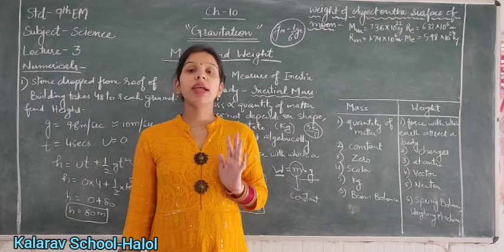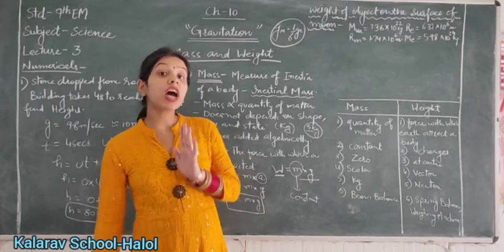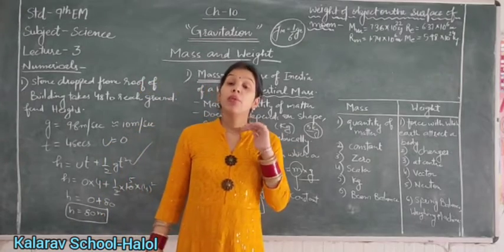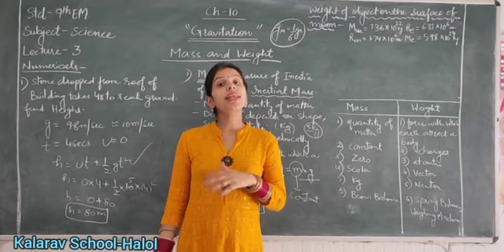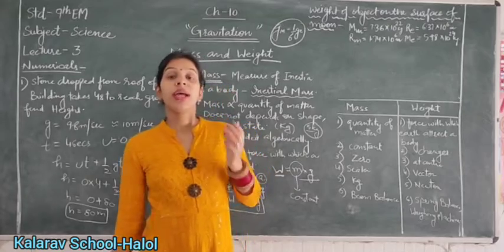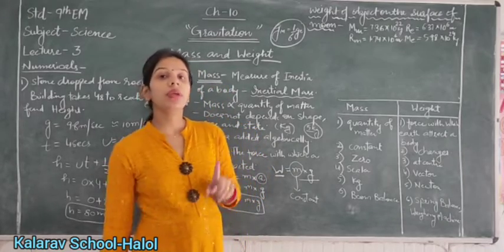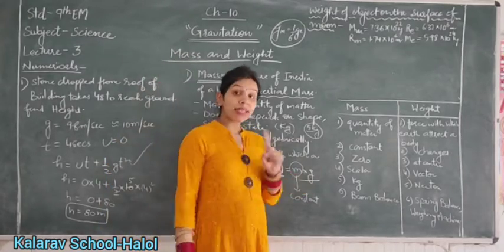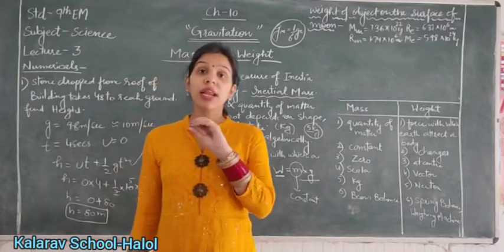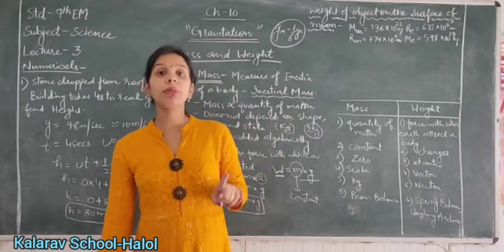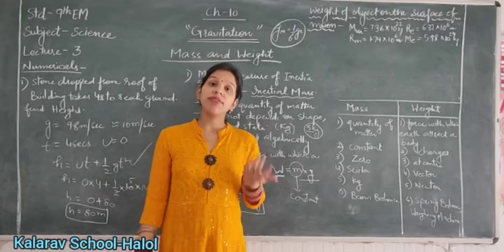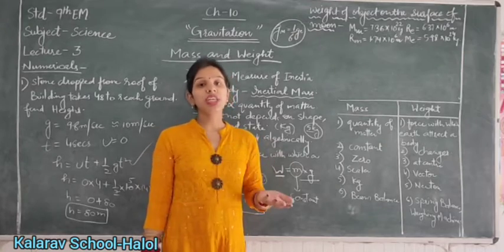So if I have a weight of 60 kg on earth, then my weight on the moon is only 10 kg. It is only due to gravity. Mass is always constant, but weight cannot be constant because gravity changes.